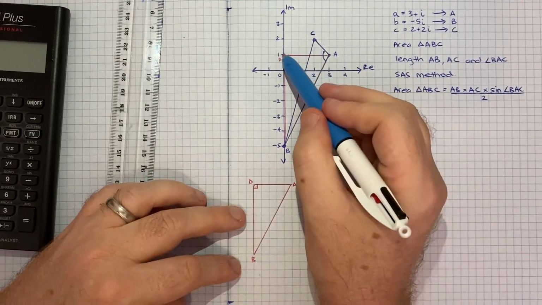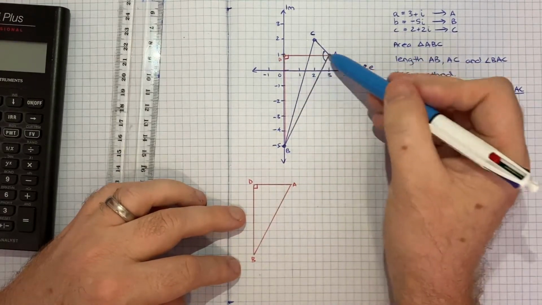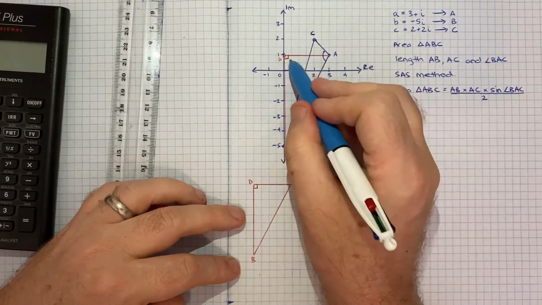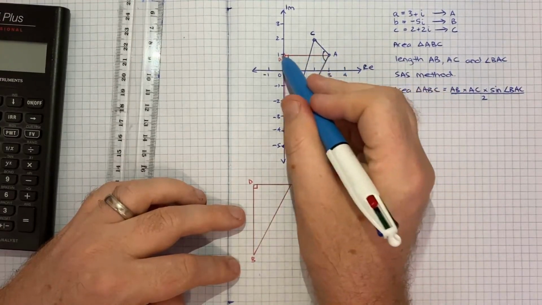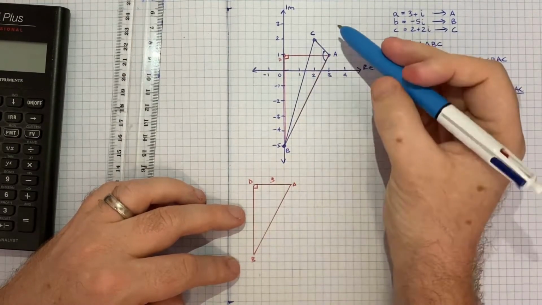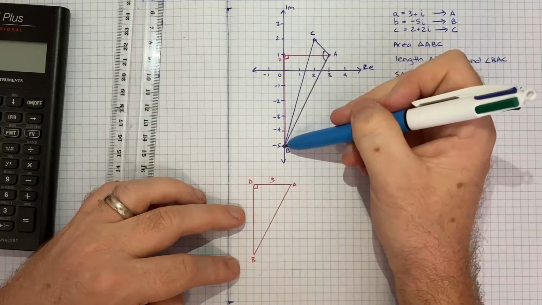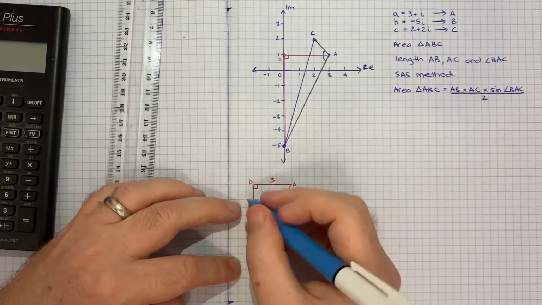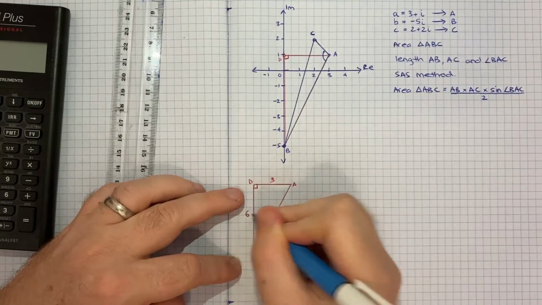Because of the way I've drawn this up on the grid, we can just look to find the lengths of two of the sides. This AD has a length of 3 units, and this DB has a length of 5 plus 1, so 6 units.